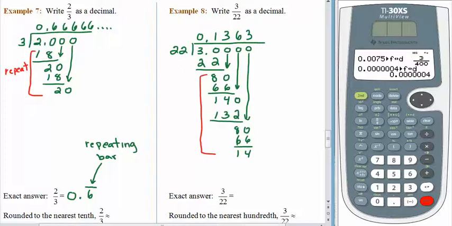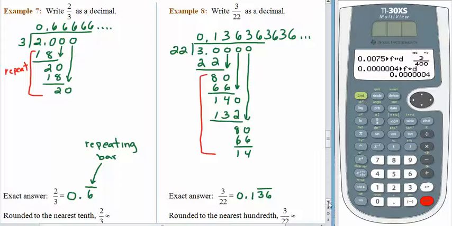So we know that this pattern is going to continue. 3, 6, 3, 6, 3, 6, 3, 6, on and on and on forever. So the exact answer, the thing that tells everybody exactly what digits happen for infinity, is 0.136, but the bar goes over the 3 and the 6 because that's the chunk that repeats.